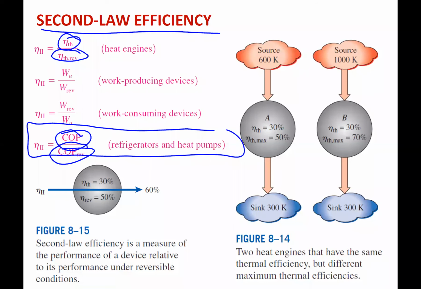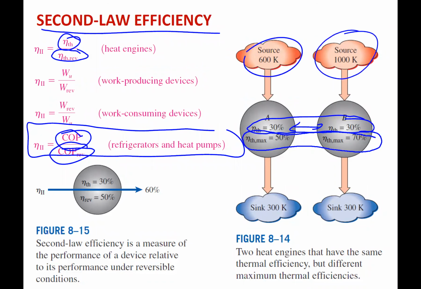So here you see an example of thermal efficiency of these 2 heat engines. They both have 30%, right? But the Carnot, the reversible heat engine value, is different because our source temperatures are different. So we have 50% and 70%.